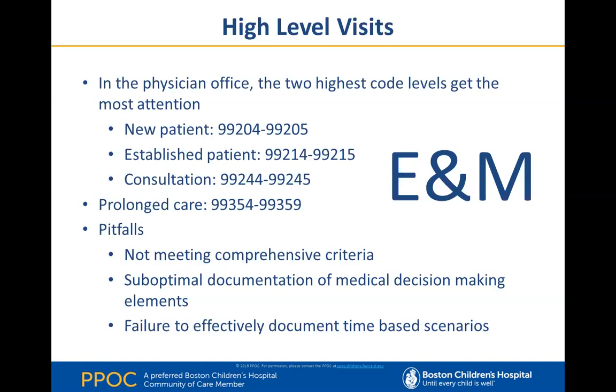Right now, the hottest of the hot spots on this screen is level 4 established patient office visits. Too many of those is going to get you attention. I think for pediatrics, the billing distribution is hard to get at the national level because obviously a lot of it comes from Medicare.